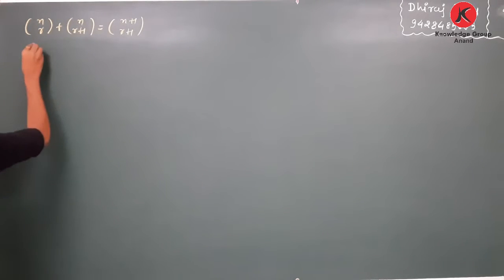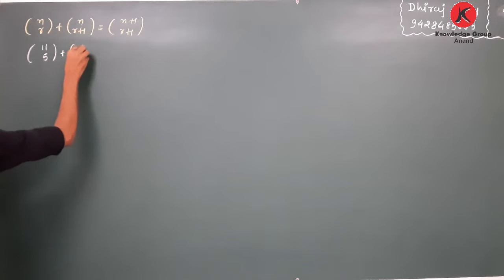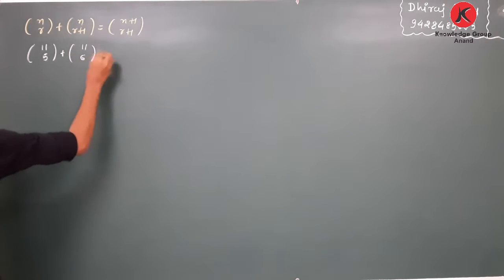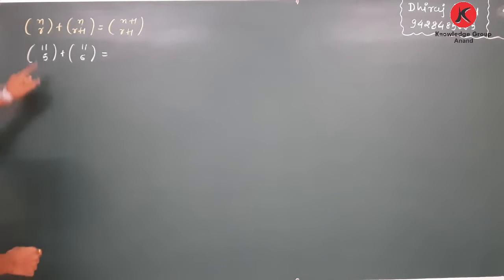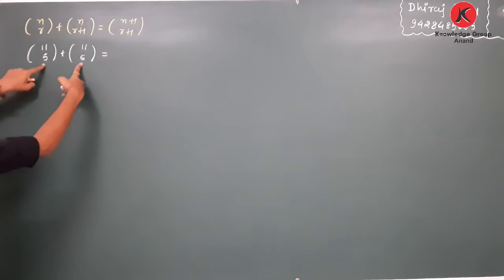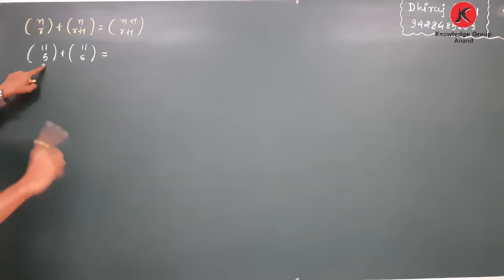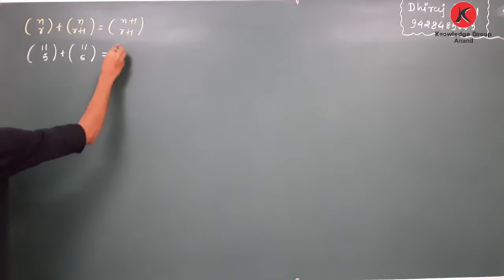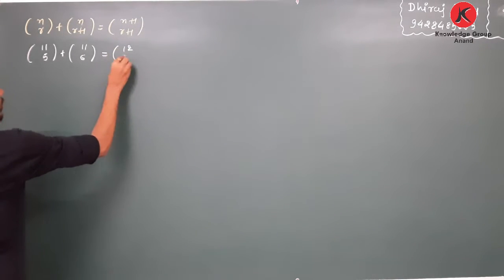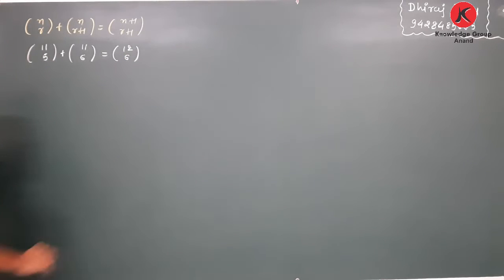Any applications here? 11C5 plus 11C6. N is the same, addition is there, the difference between these two R is 1, therefore we can write N increased by 1 and the greater R, that means 12C6 is your answer. This is the application.